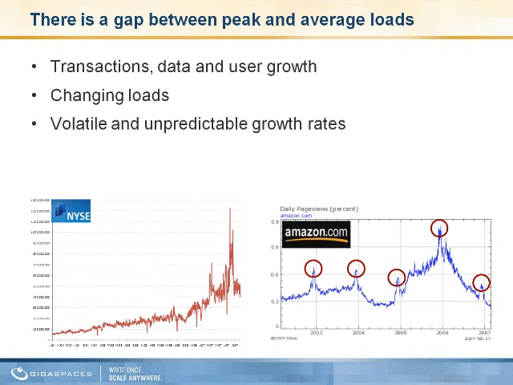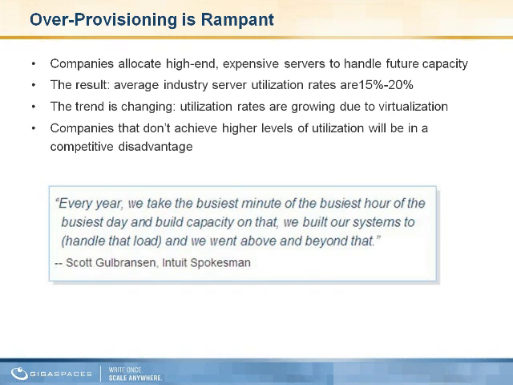It could also be because of seasonal things, and we can see here the Amazon.com example, how near the holiday season, there's always a surge in application load, or in this case, website page views, as an indicator for that. It could also be because of unexpected and unanticipated events that cause these peaks.